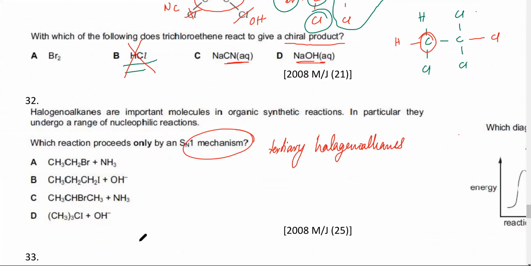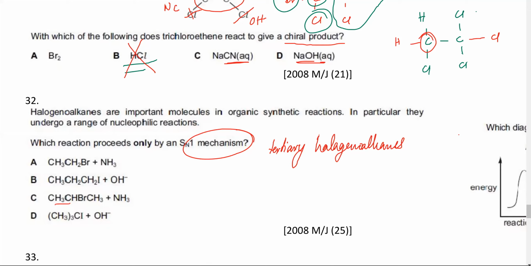अच्छा anyways, कौन बताएगा इनमें से which one is a tertiary halogenoalkane out of all these 4? अच्छा C देख लेते हैं, if we draw C, it is 3 carbon atoms. First one is CH3, that's 3 H's. Second C के साथ there's H and Br.